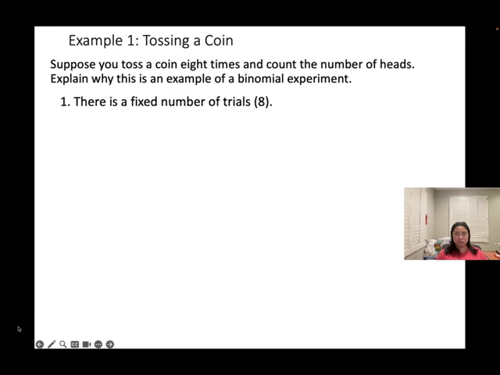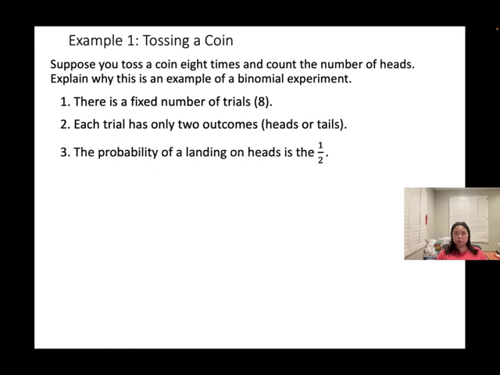First, there is a fixed number of trials, right? We toss a coin 8 times, so n will be equal to 8. Number 2, each trial has only 2 outcomes, heads or tails. Since we want to get the number of heads, heads we consider a success, and tails we consider a failure.